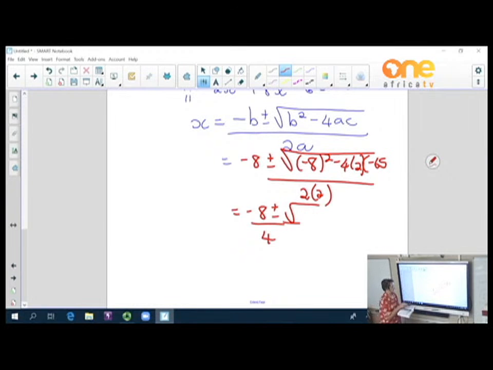So it is then 64 plus 4 times 2 times 65. And I have 584 here in the root. Make sure that you get that right.